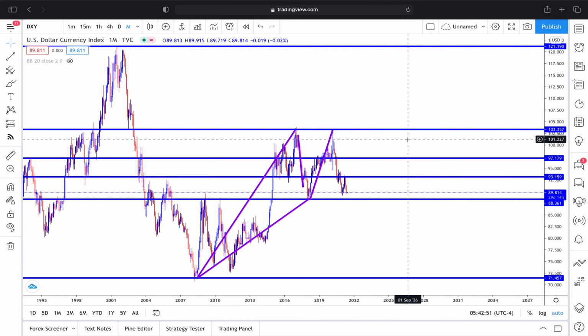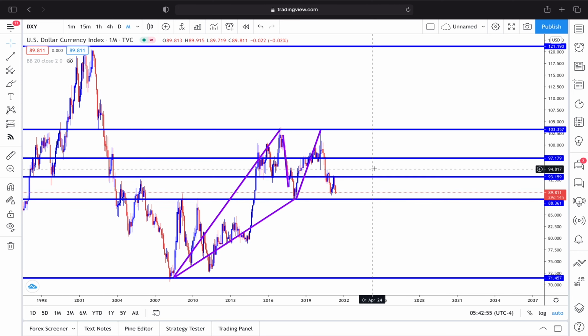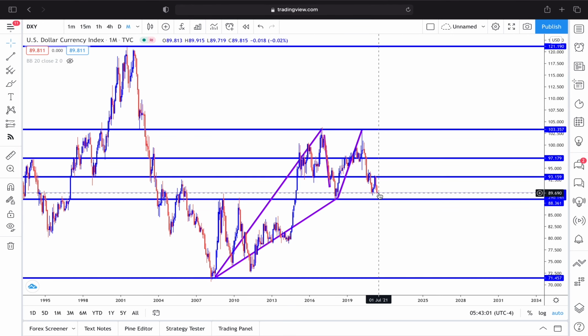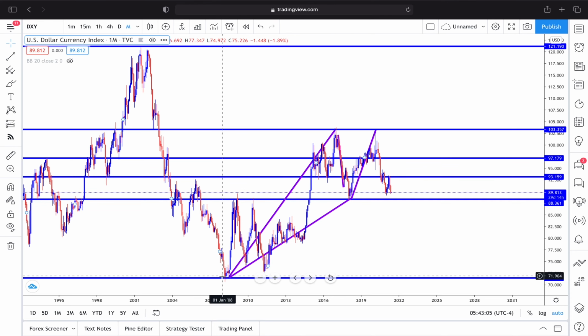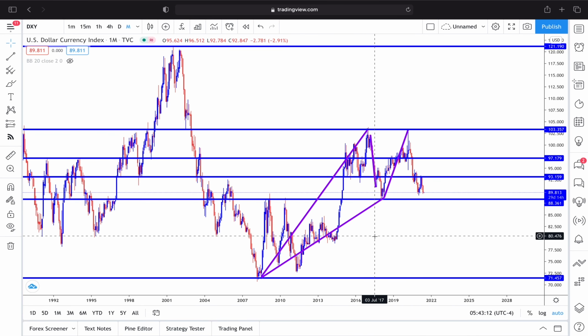Sometimes it benefits us, but the majority of the time it does not benefit the people. So, yeah, price is really low right now. The lowest it's ever been was back in 2008, which was terrible.